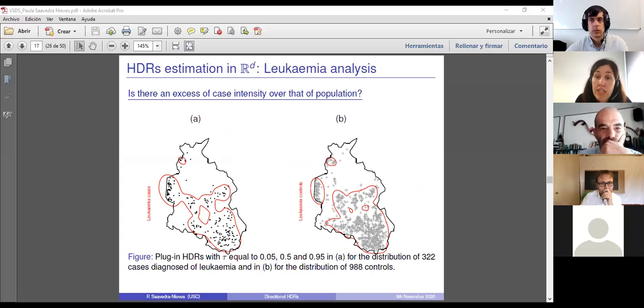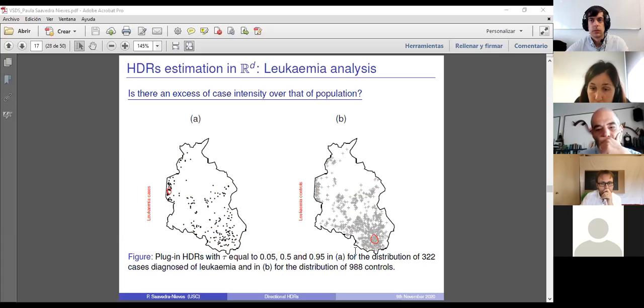For the samples of cases and controls of leukemia, I have estimated the plug-in highest density regions in the Euclidean space for different values of the parameter tau. Here I have a very small value of tau, and you can see that I have practically the support of the distribution. If I change the value of tau, I will estimate the modes.